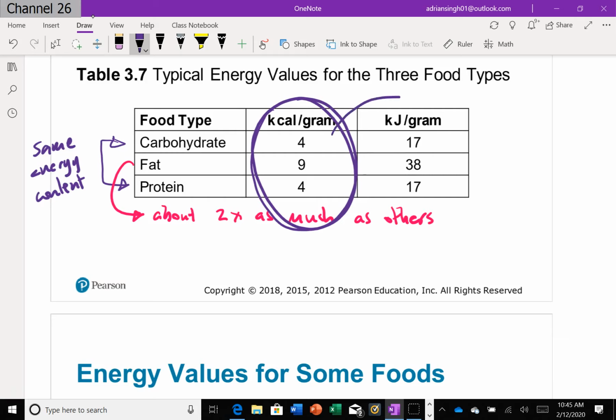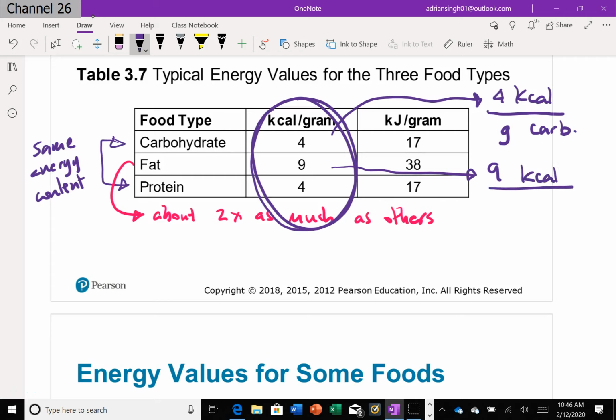So for instance, if I have my carbohydrates as 4 kilocalories per gram, what that is telling me is I get 4 kilocalories of energy per gram of carbohydrate. That is what that relationship is telling me in terms of something that I can use as a conversion factor in a calculation. Similarly, the fat here is telling me that I get 9 kilocalories of energy for every gram of fat.